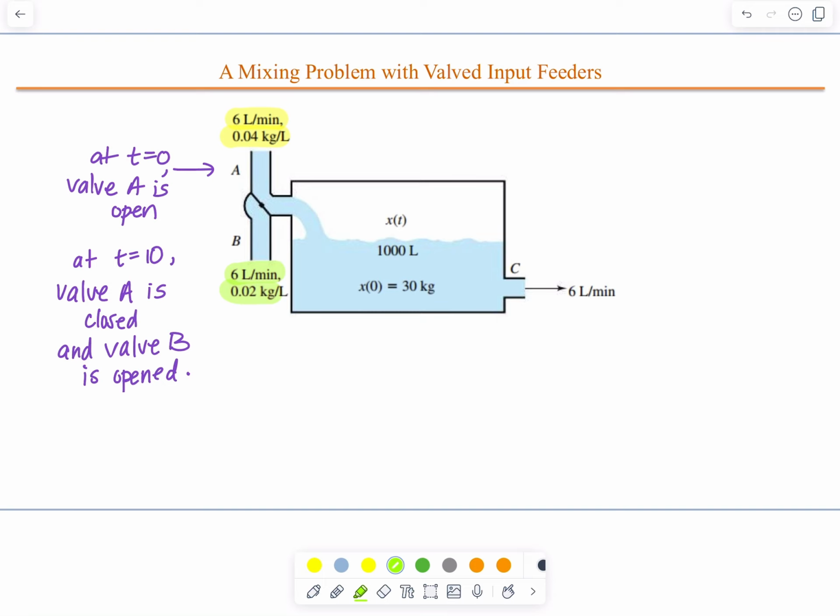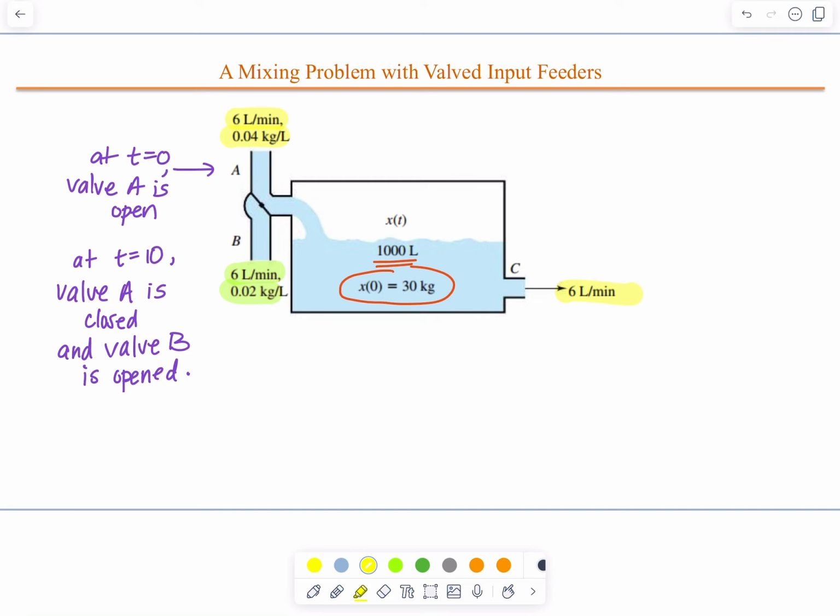Initially, as you can see here, there are 30 kilograms of salt dissolved in 1,000 liters of water. And the exit valve C, which empties the tank at 6 liters per minute, maintains the contents of the tank.